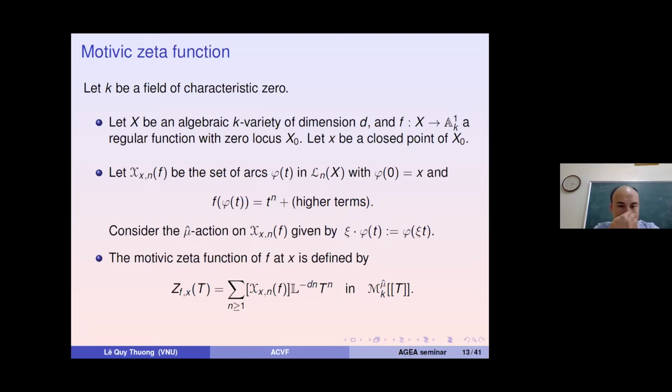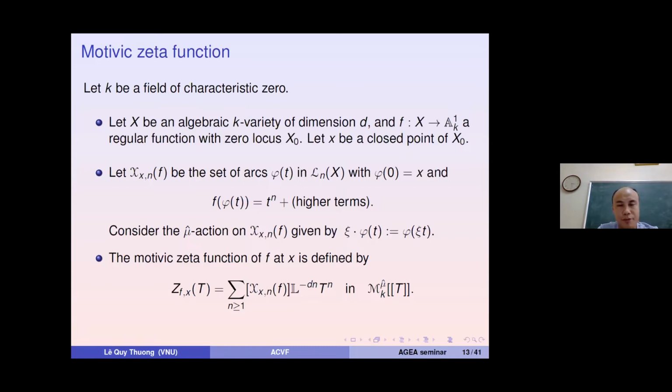We can consider the mu n action on these varieties given by psi times phi of t equals phi of psi t, where psi is in mu n, and it makes the class of X_n,f become an element of the monodromic Grothendieck ring of varieties. So we consider the motivic zeta function of f at x.